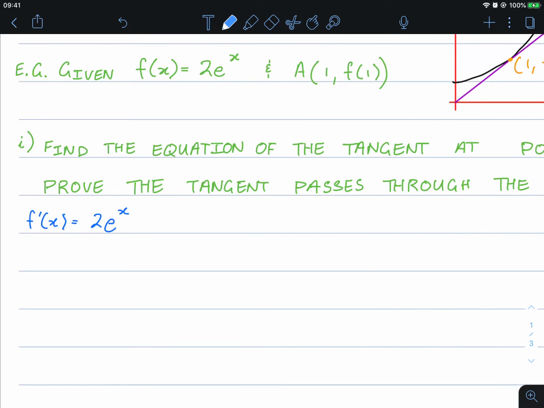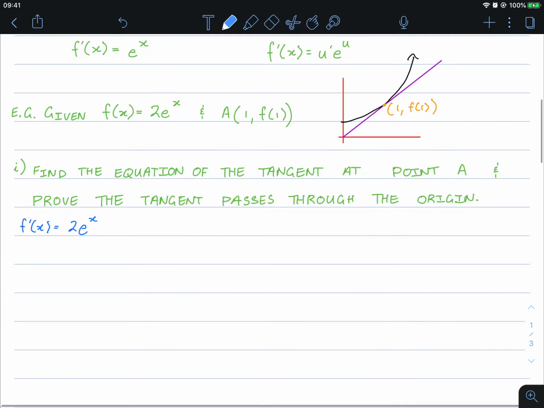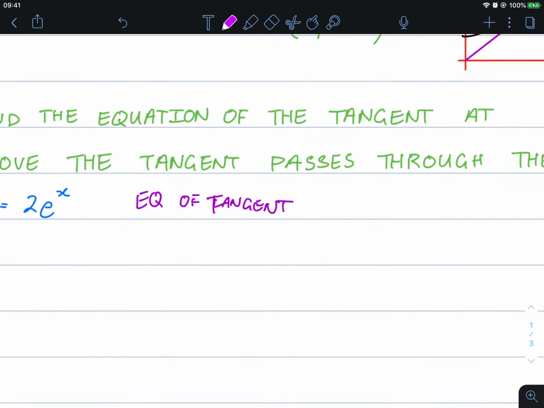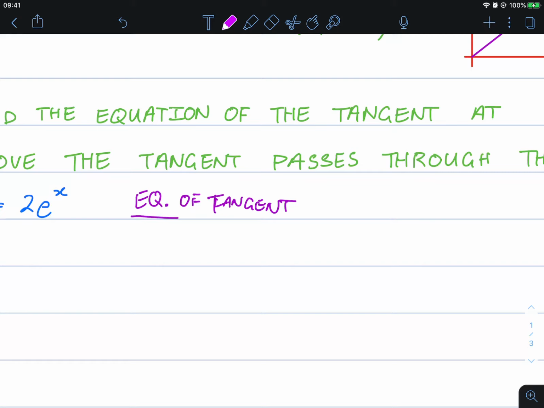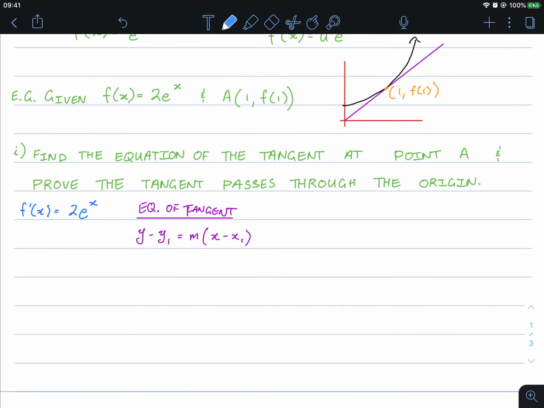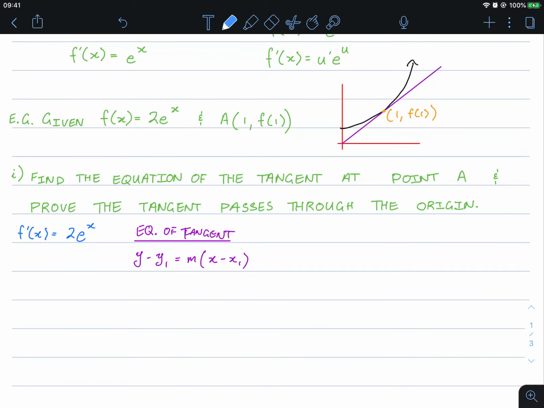So there it is. In order to find the equation of the tangent, we actually need the point gradient formula because the tangent is a straight line. So we need y minus y1 equals m times x minus x1. We've almost got a point because we have the point 1, f of 1.